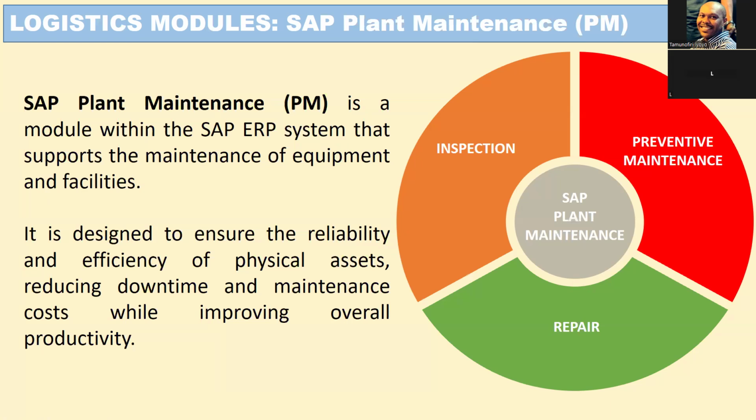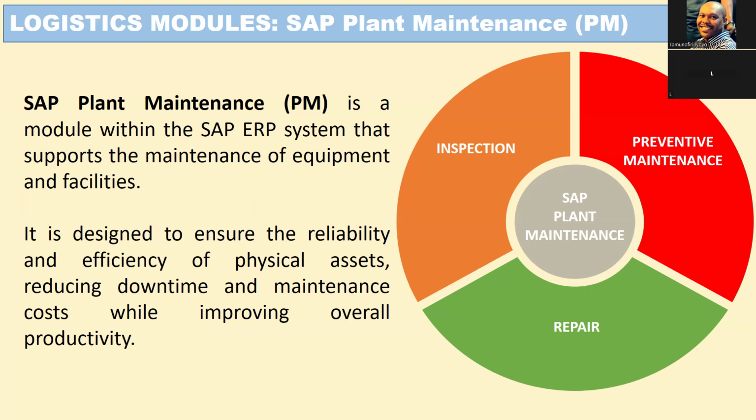So basically what the PM does is support maintenance. Once you want to maintain anything, ranging from your power system to elevator system, whatever it is within the organization, you can always use the plant maintenance module to ensure that maintenance of such equipment is carried out effectively.